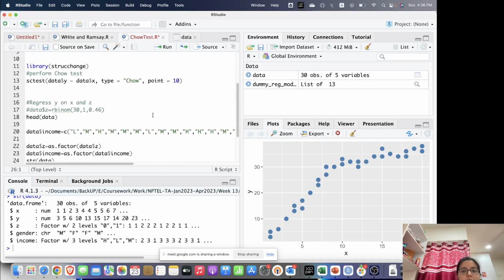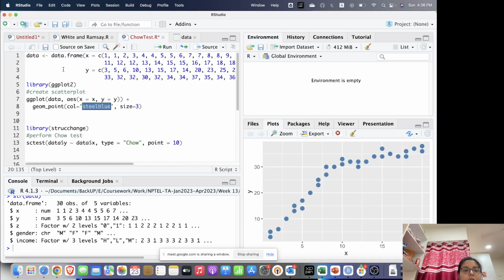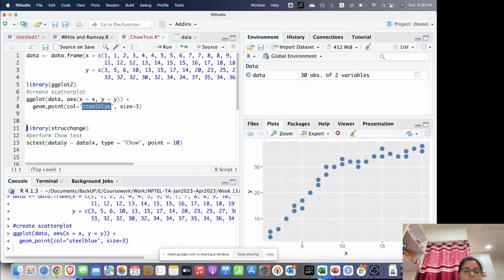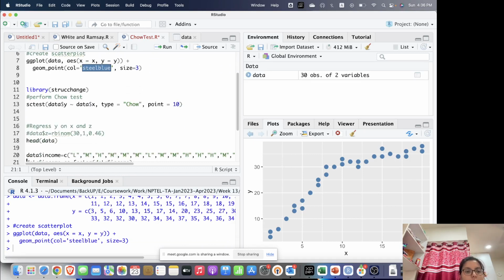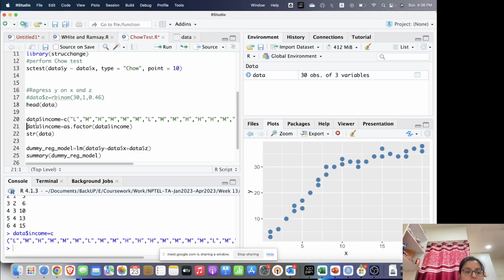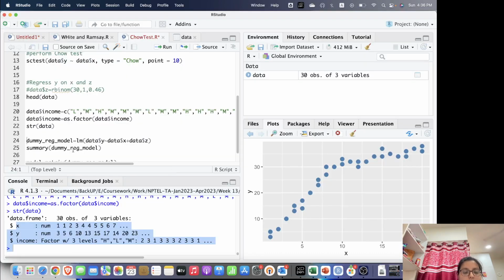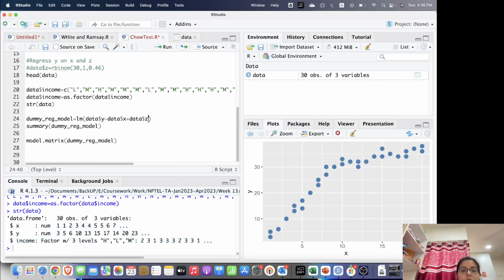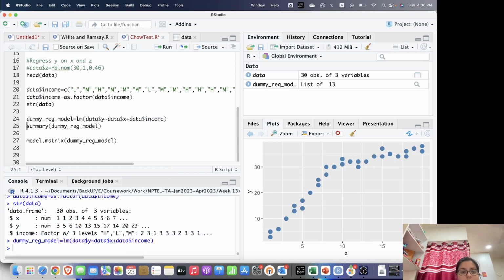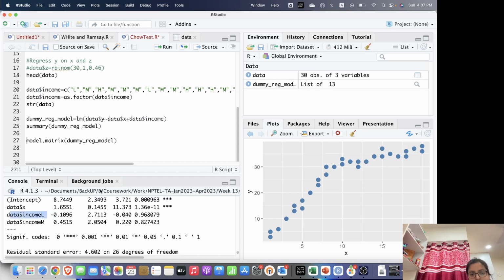I'm going to remove this thing entirely and run it again afresh. Here we had the data frame, this was the plot, and we did the Chow test and so on. Now the data is x and y, and I'm adding an income column. So now my data set has x, y and income. The dummy regression model would be y on x and income. Now you see I have 2 dummies. Can you see this?